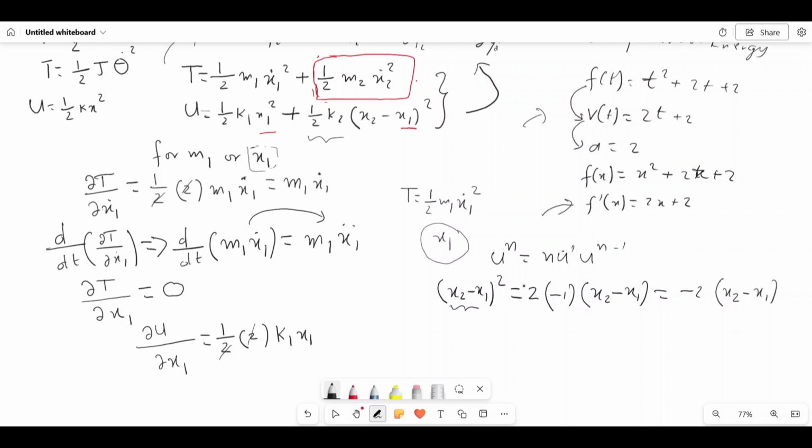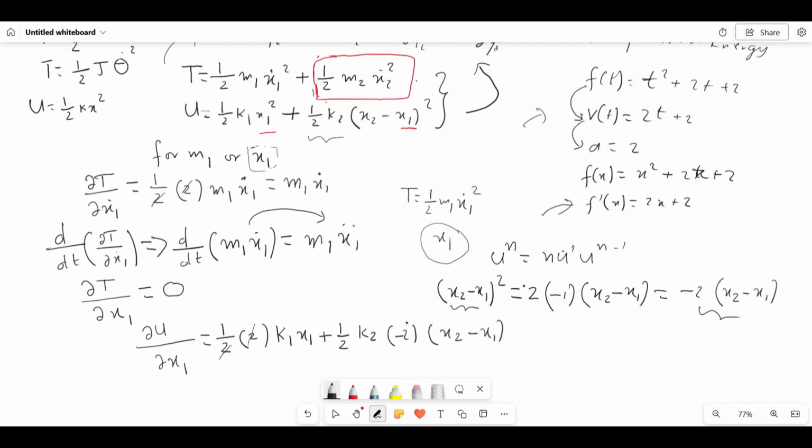I believe there is no question. So what does this mean? Here, if we have to bring the half, we're going to have plus half k2. Remember, this is the answer of the differentiation, which is minus 2 multiplied by x2 minus x1.